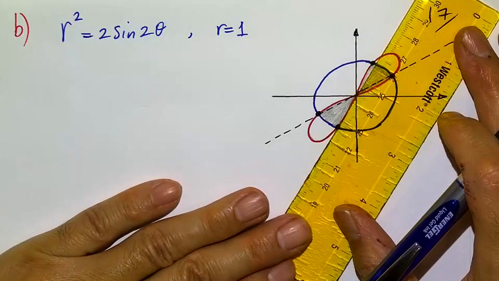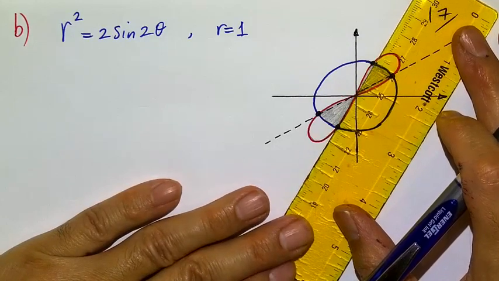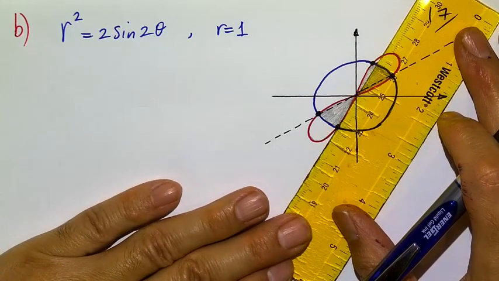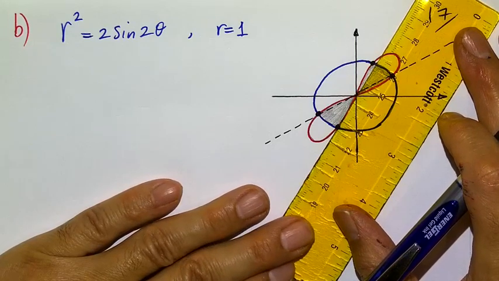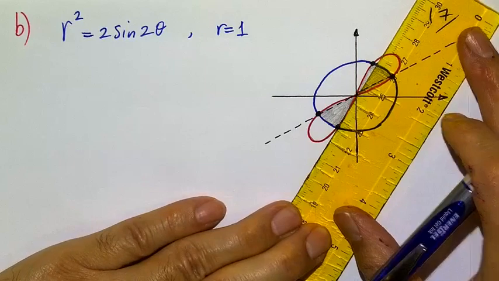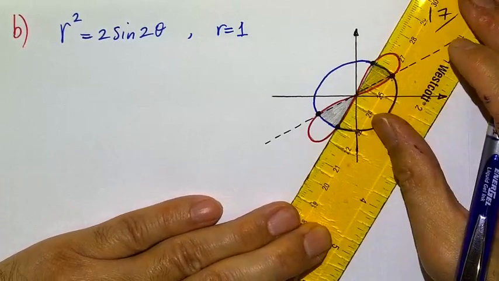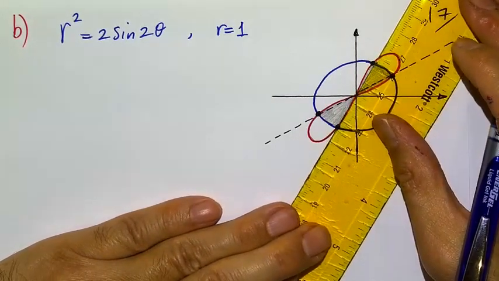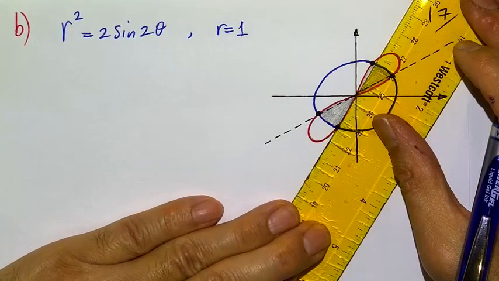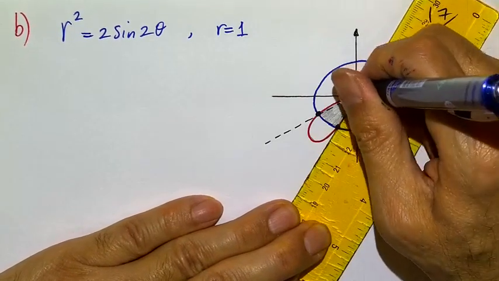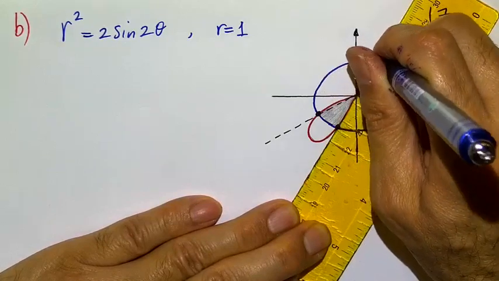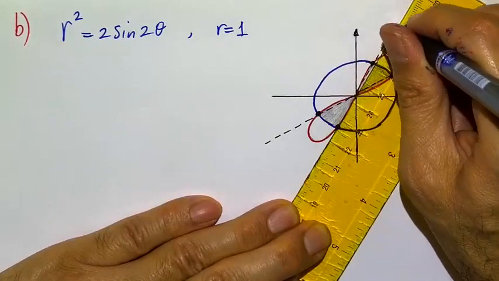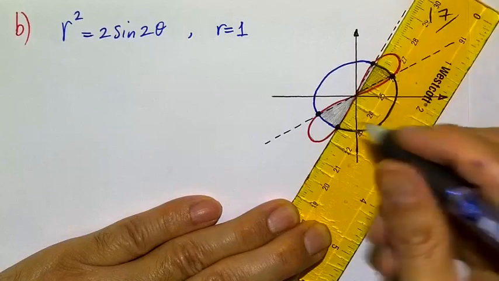My graph is not symmetrical, or not precise, so the line probably, let me do it this way. It's very difficult to show that, but I'll try to do as best as I can.